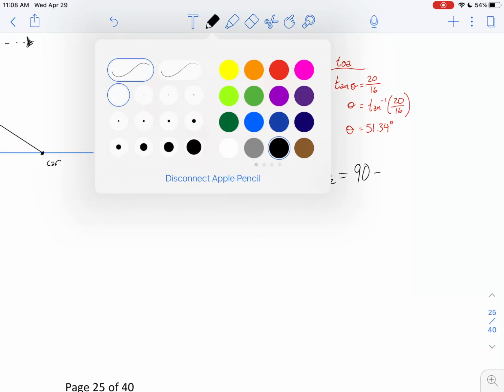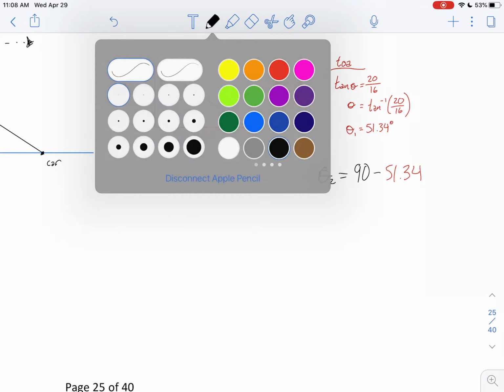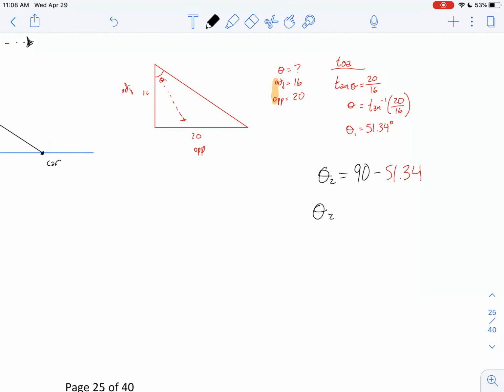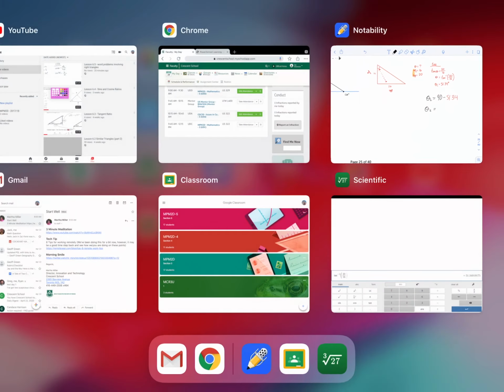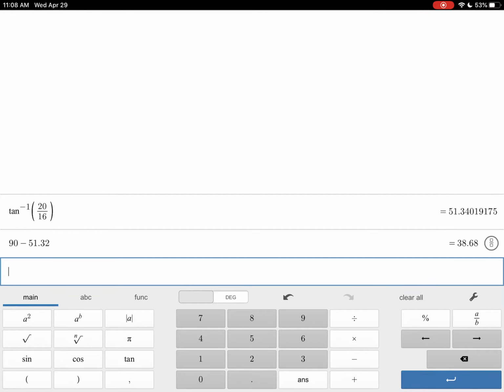I should call that theta 1, 51.34. So I'm going to say that theta 2 is equal to 90 subtract 51.34, and I get the answer of 38.68.